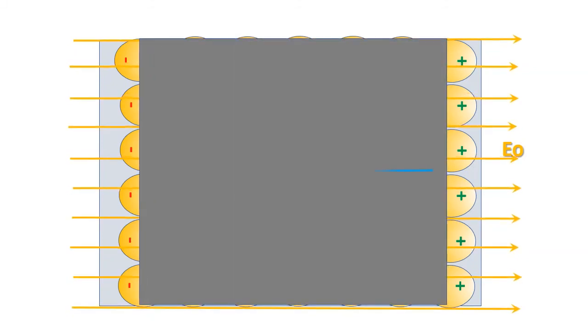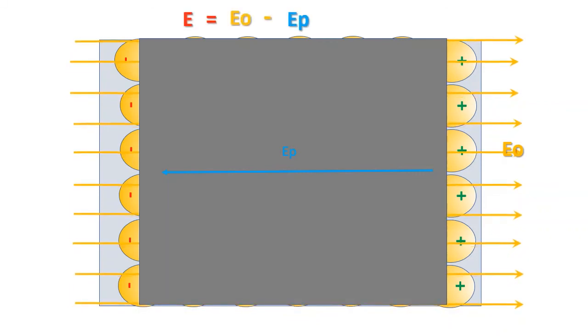An induced field is developed inside this dielectric, that is EP, in the opposite direction of the applied electric field. The electric field produced inside the material due to the polarization is EP.